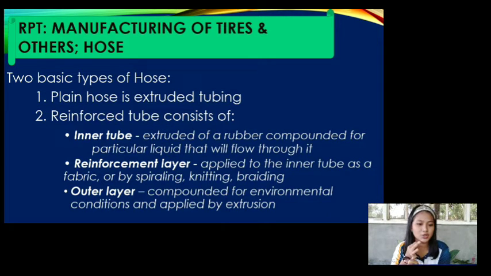First is the inner tube. It is extruded of a rubber compounded for the particular liquid that will flow through it. The second one is the reinforcement layer, which is applied to the inner tube as fabric or by spiraling, knitting, and braiding. The last one is the outer layer, which is compounded for environmental conditions and applied by extrusion.